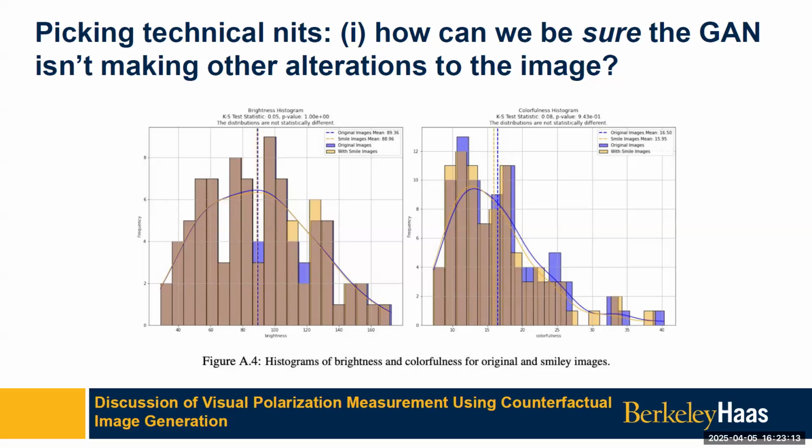In the paper, they look both at the brightness of the image and the colorfulness of the image. They compare the histograms for these two different measures, do a Kolmogorov-Smirnov test, and make sure that these distributions are the same. And in fact, they are. That's a pretty good test. But as he mentioned, this is by no means comprehensive. There are a lot of ways that these images could be altered that might not be picked up by this test.